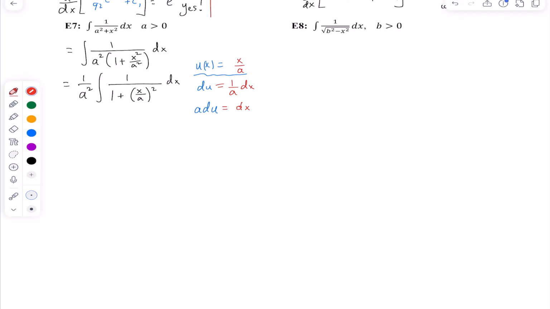We're ready to substitute everything. Dx is a times du. And then in the denominator, we simply have 1 plus u squared. And we know how to integrate this.